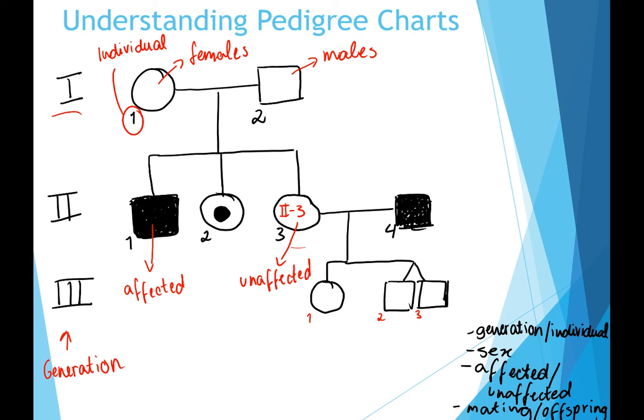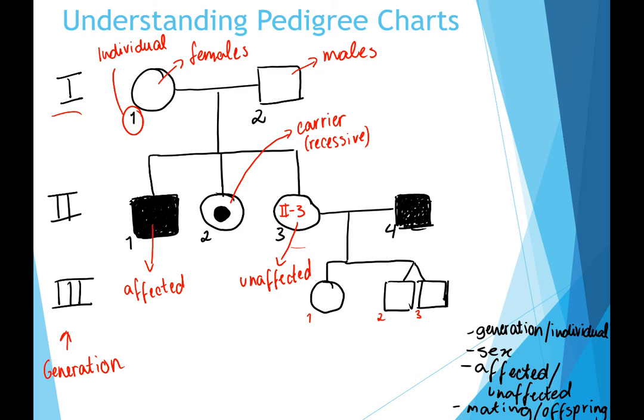If we are talking about a recessive disorder, and recessive disorders only, and we have an individual with a little dot like this, they are a carrier, which means that they are heterozygous, but only for recessive disorders. Because if it was a dominant disorder, this individual would actually be completely shaded in. Okay?